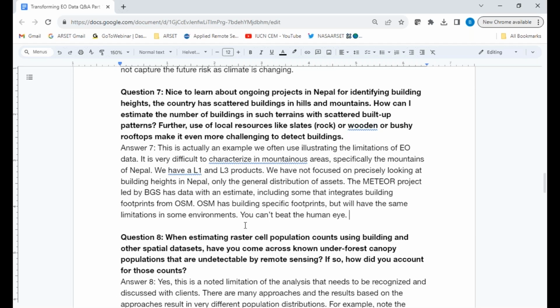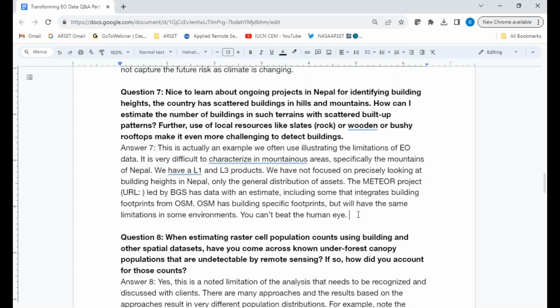And you can cross-reference that with population data sets and scale up if you need to, but I don't think you need to scale too much, maybe in some of those mountainous areas. So anyway, there are sources. The Meteor Project, maybe one of my cohorts here can get the link and put it in there that you can take a look at.